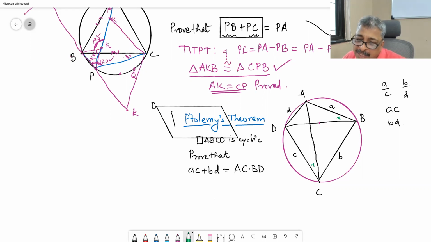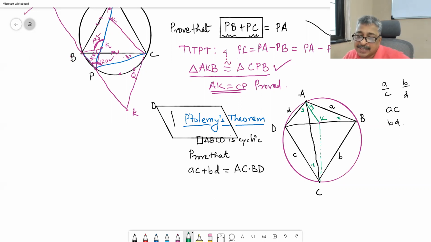And now if this angle Y is copied here, this angle Y, and then let this point be K and join CK, right?